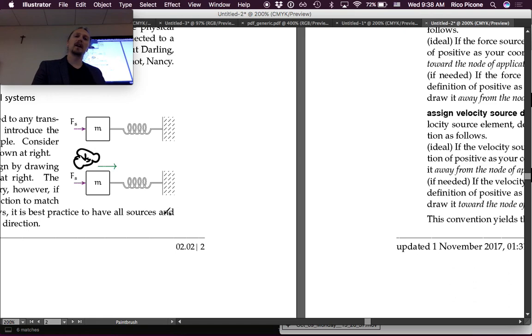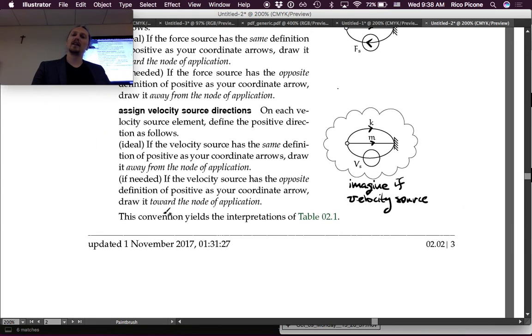It's in the same direction. Then instead of drawing it in the direction or towards the node of application, we actually draw it away from the node of application. So it's the opposite of the force source.